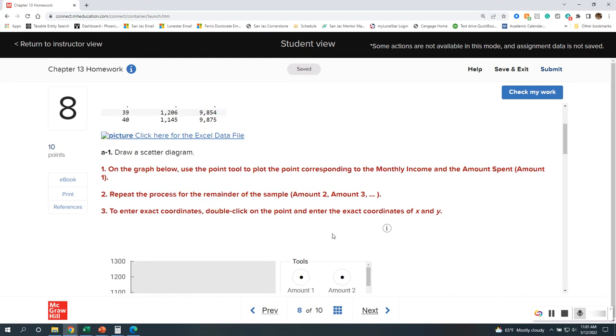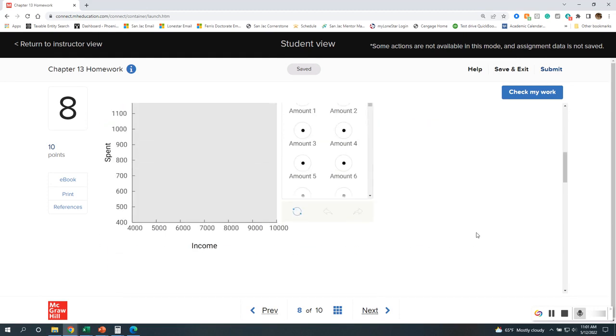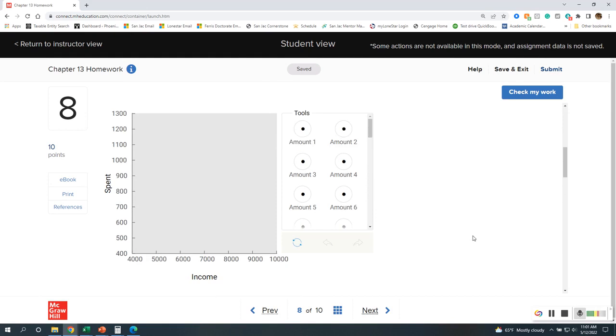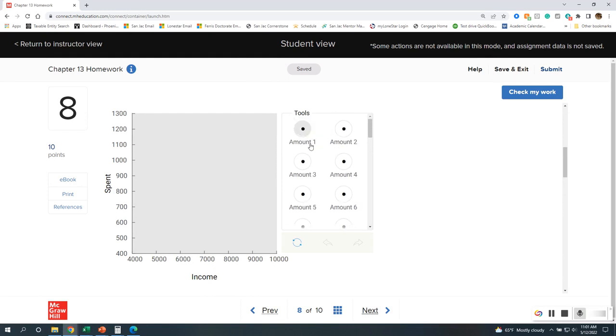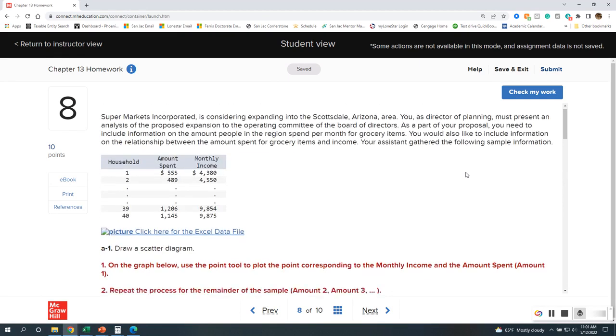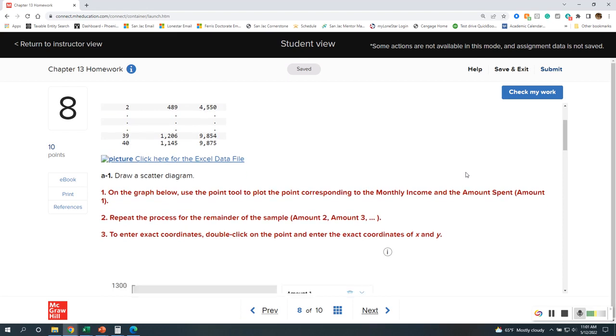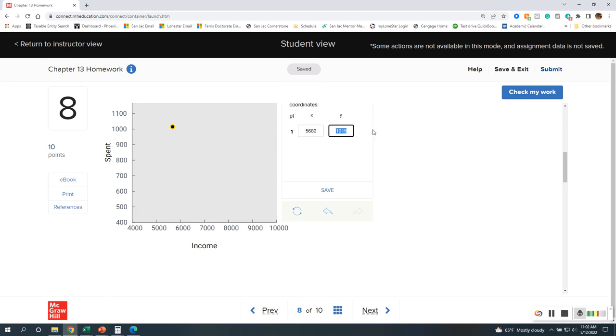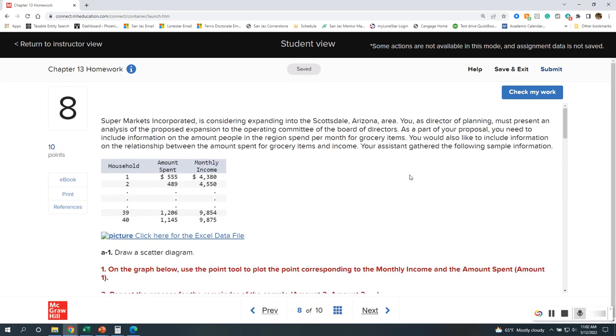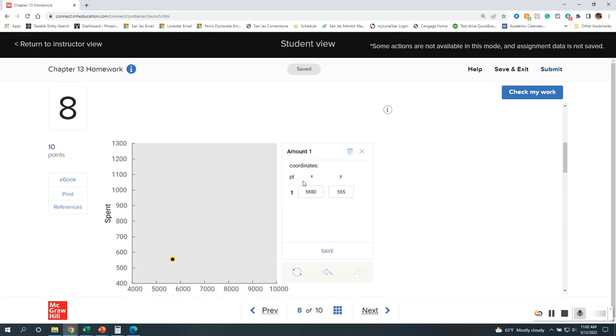Next, question 8. Question 8 is going to be a little bit fun for y'all. Y'all get to actually bring out 40 of these dots. So again, you could actually put the dot in. You could type in the numbers. So amount in number 1 is like 555, because again, Y is 555 and X would be 4380.